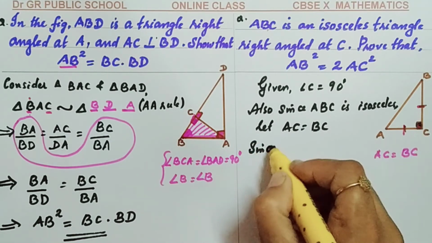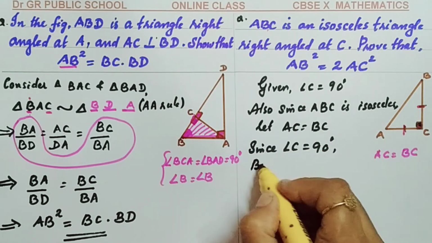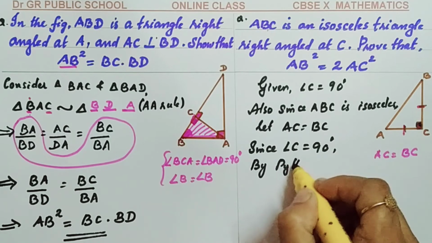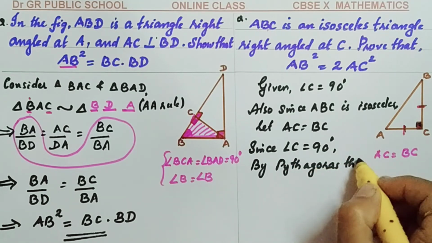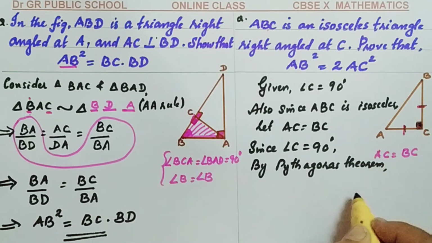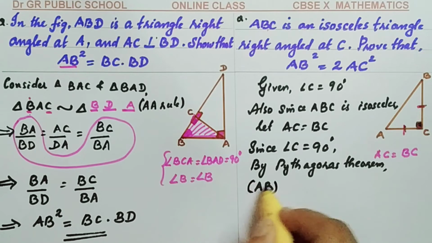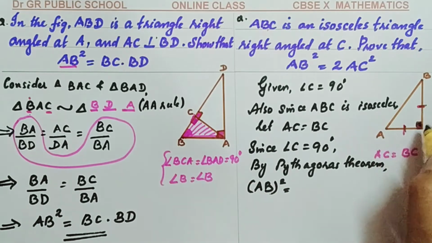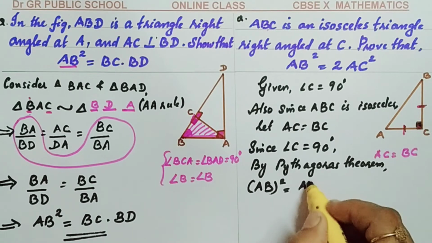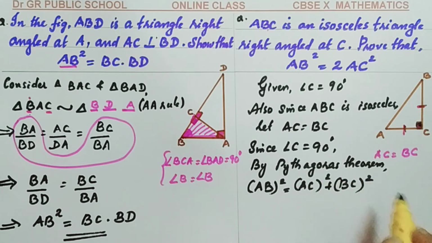Since angle C equals 90 degrees, by Pythagoras theorem, the side opposite the 90 degree angle is the larger side AB, so AB square equals the sum of the squares of the other two sides, that is AC square plus BC square.